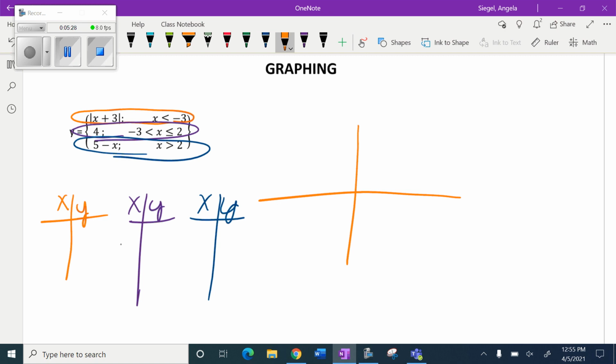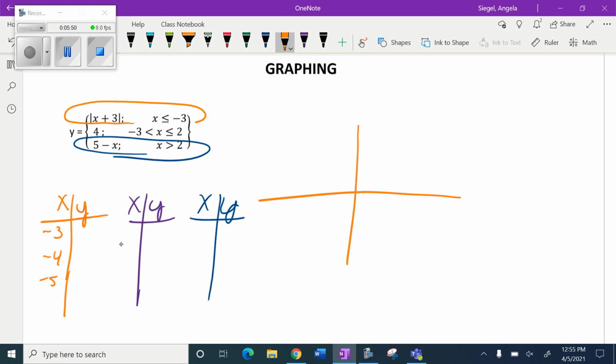Let's start with the orange XY chart. It says when x is less than or equal to -3. So I'm going to start at -3 and go down: -3, -4, -5. That should probably be enough.